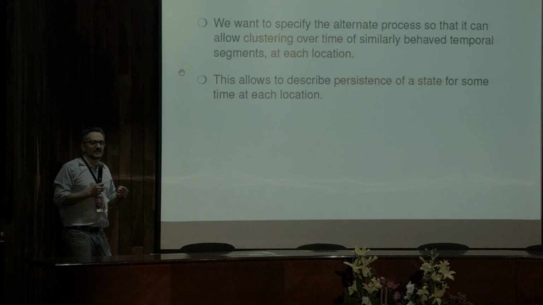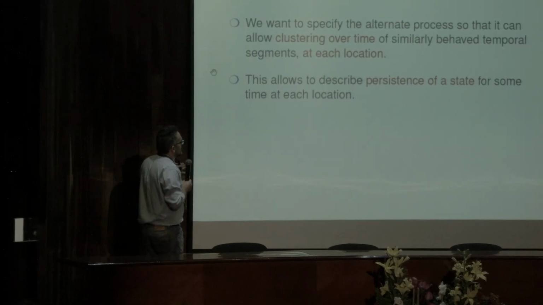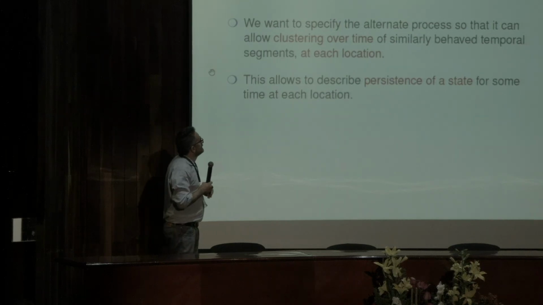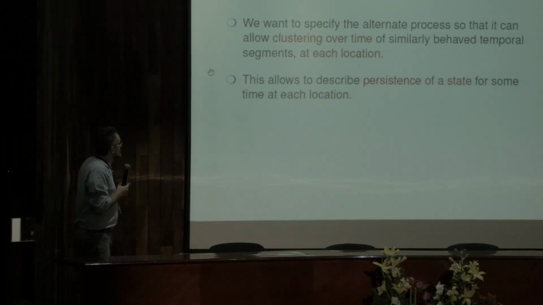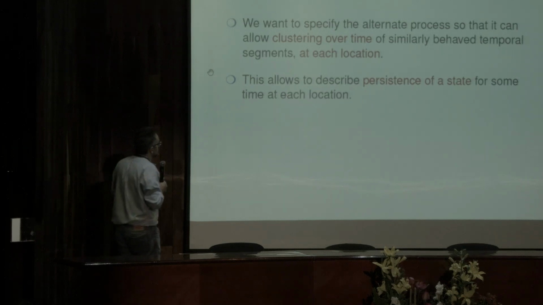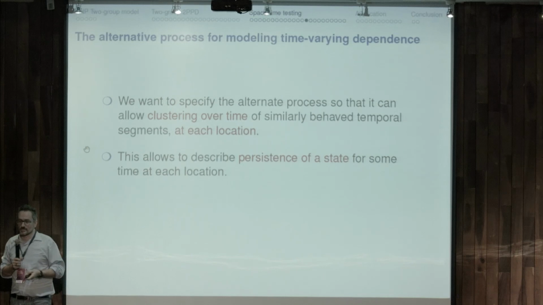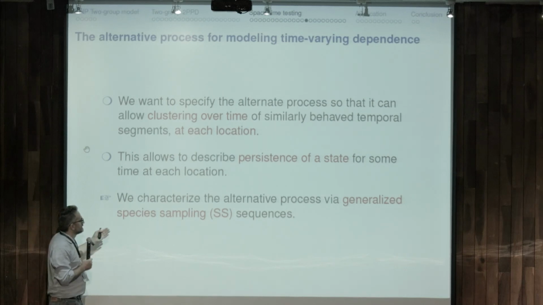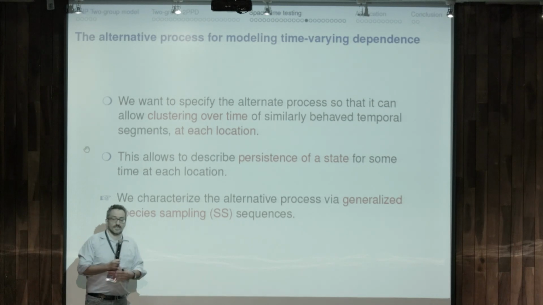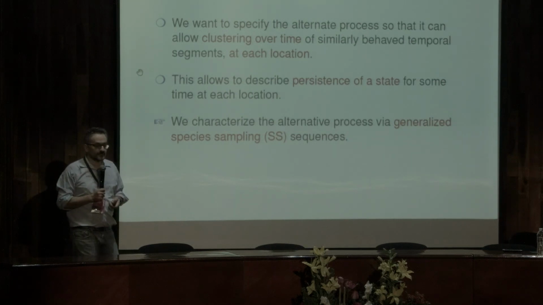So what we want to do in our case, we want to describe how the process, the alternative process, can cluster observations over time. And we want also to somehow describe the persistence of a state for some time at each location. And we want to do this in a Bayesian parametric way by describing the alternative process basically via a generalized species sampling sequence representation.